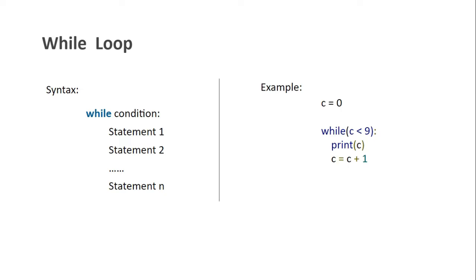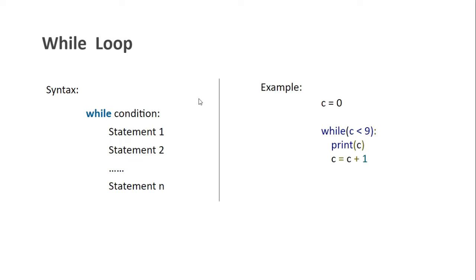Now after that we have a colon and then a print statement in which c is written. So it will print the c value on the output screen. Now in the next line we have c equals c plus 1. So it simply adds 1 to its previous value.